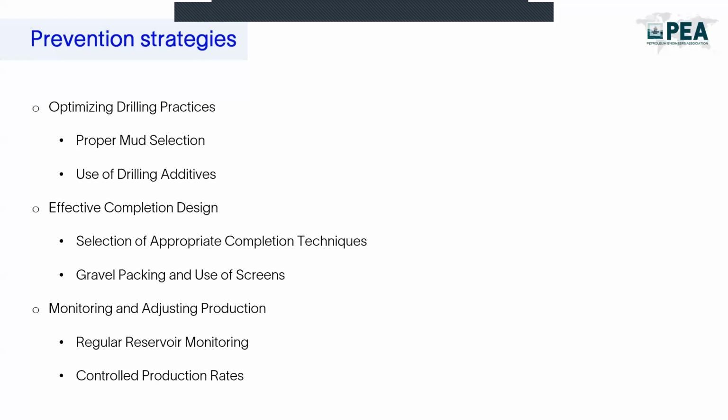This is what controls the decision here. Open hole completions reduce the risk of damaging the formation, because there will not be perforation, cementing or casing, while cased hole completions offer better control over sand production and fluid management. So these kinds of strategies help you identify the best completion that you may do.